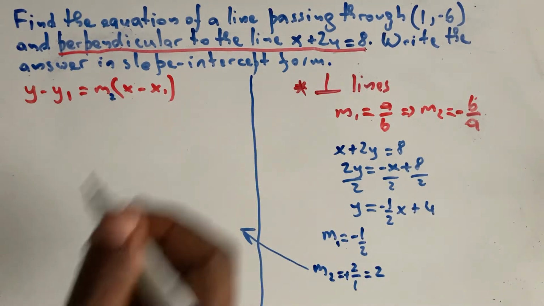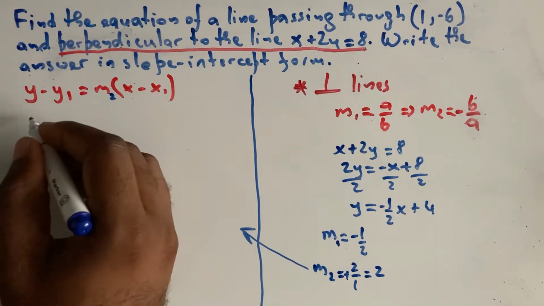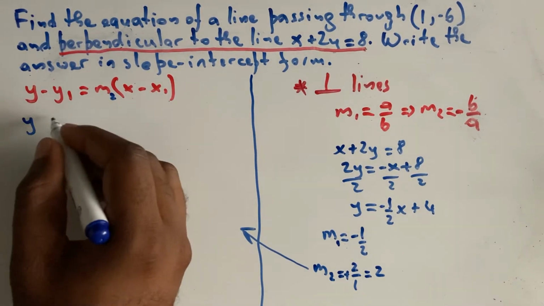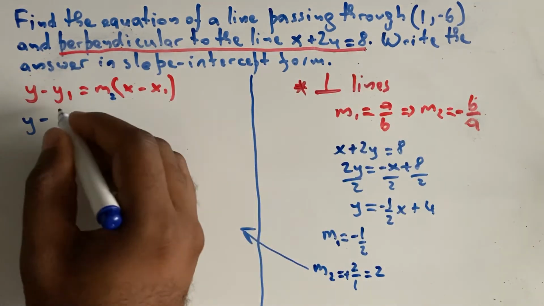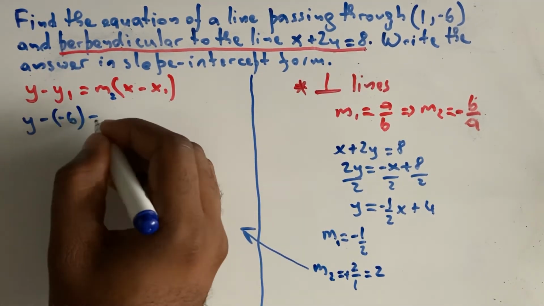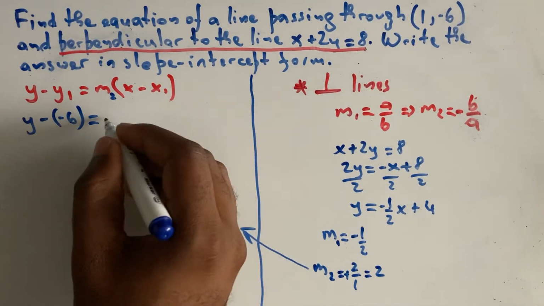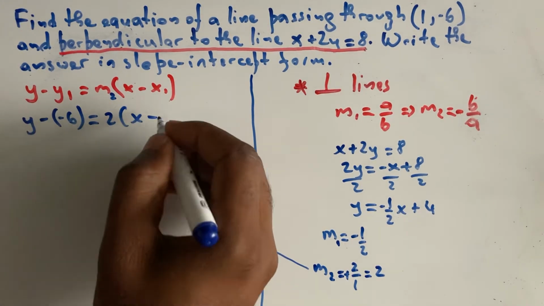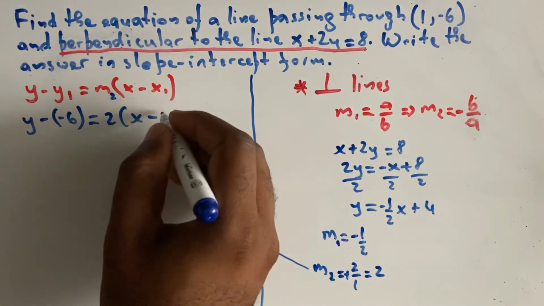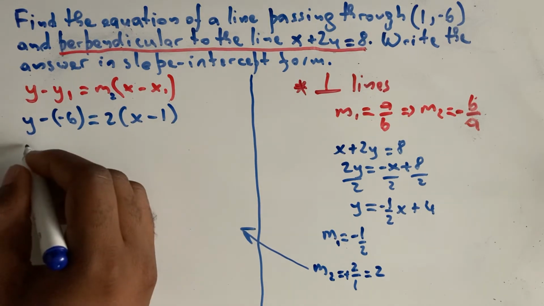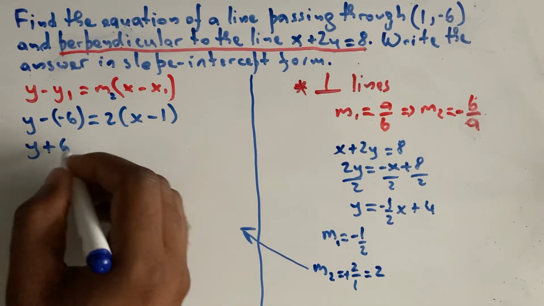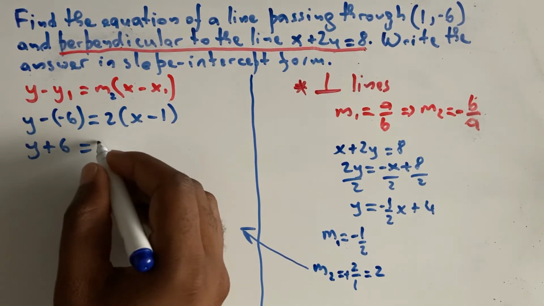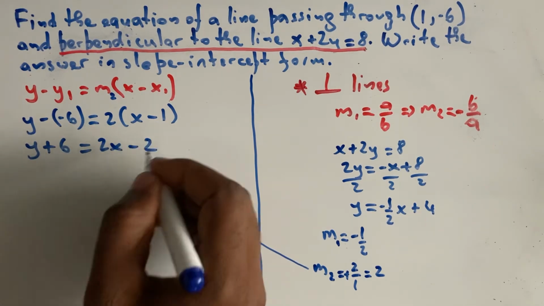So the slope is 2 because they're perpendicular. I'll go back here, and that's what I'm going to use. So I have y minus y1, which is negative 6, equals m2, which is 2, times x minus x1, which is 1. And I just solve. So y plus 6 equals, I distribute here, 2x minus 2.